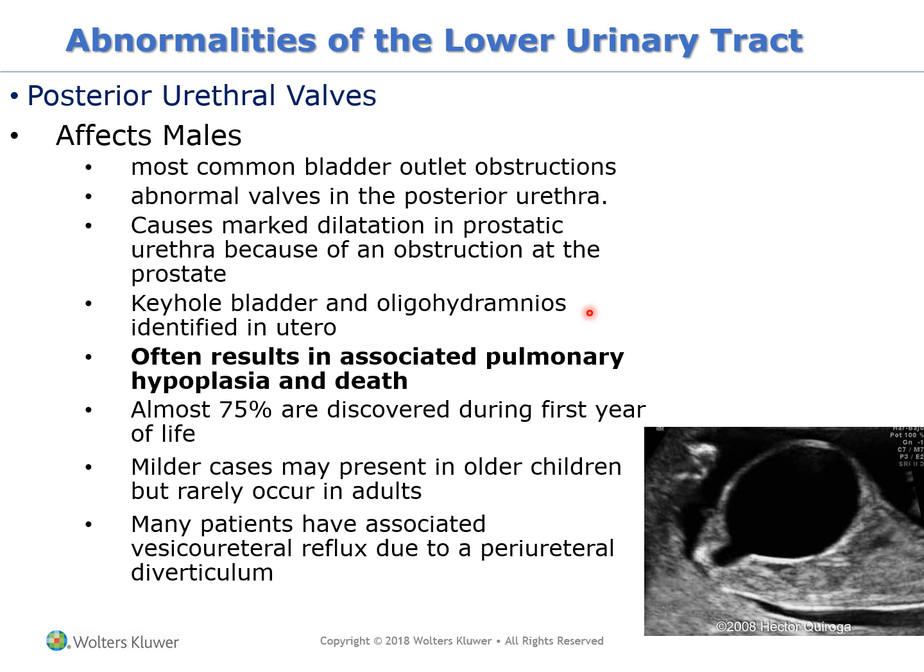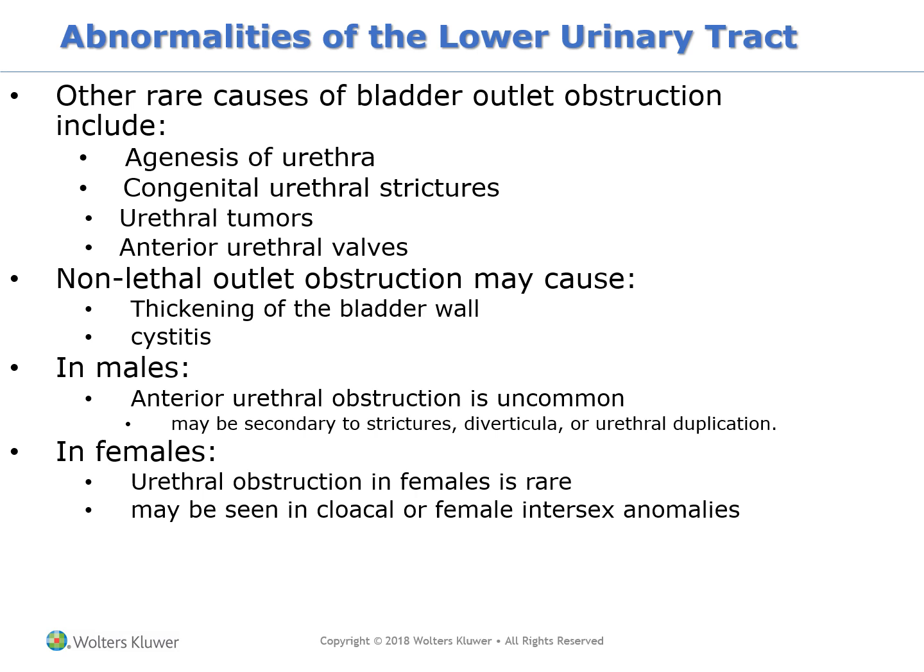Okay. Now, sometimes there can be milder versions of this where it's not completely obstructed, and obviously those children are going to fare better. Now, when we look at the term bladder outlet obstruction, we know the outlet of the bladder is the urethra.